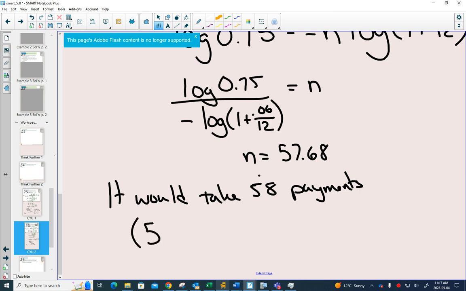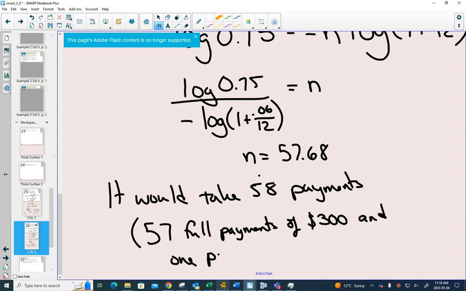That would be 57 full payments, paying $300, and 1 partial payment.